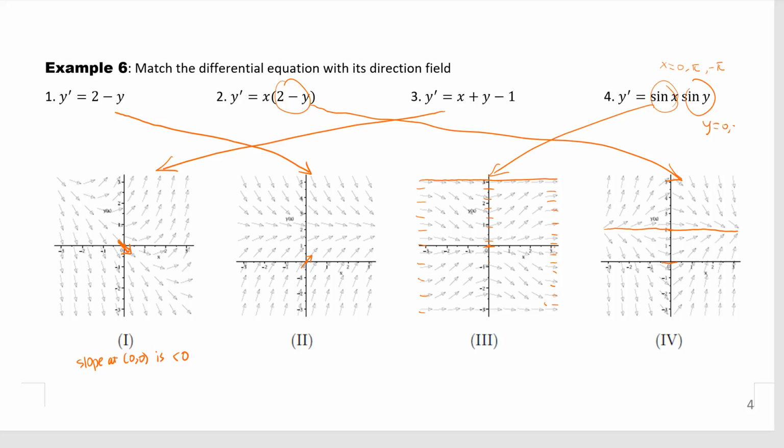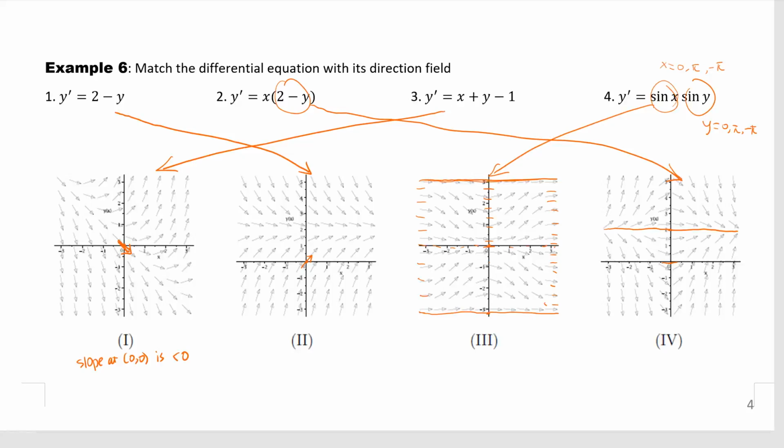When y is 0, also pi and minus pi. So you can see when y is 0 is 0. And when y is pi, like here, 3.14. So that is 0 and pi is negative pi. So, and when y is negative pi, we also get 0. And so it match with our differential equations.